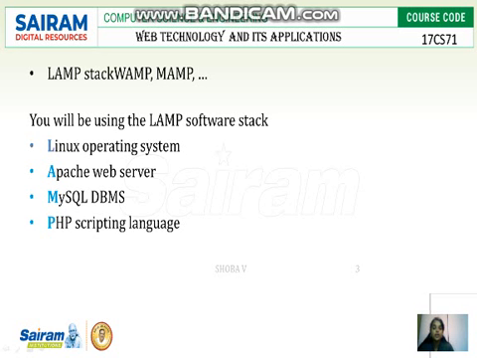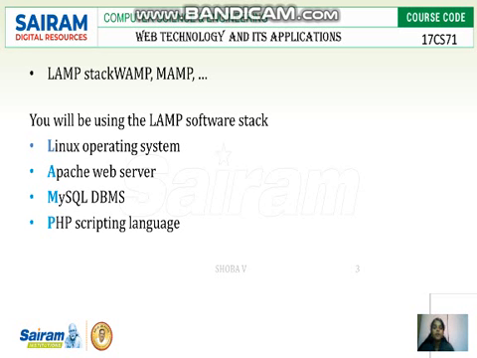Next we are going to see LAMP stack, WAMP, and MAMP. This is free and open source software, and it has fully fledged functionality. L is for Linux operating system, A is for Apache web server, M is for MySQL DBMS, and P is for PHP scripting language, the hypertext preprocessor.